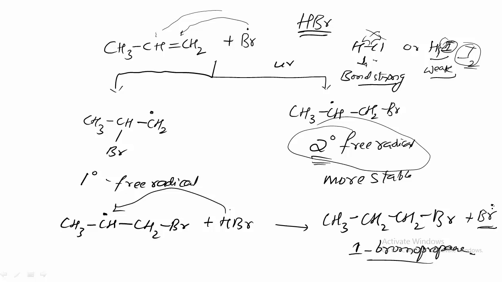Therefore, this peroxide effect or Kharasch effect is applicable only for addition of HBr to unsymmetrical alkenes in presence of peroxide. So remember, whenever they have given peroxide, then the major product is exactly opposite to the major product formed using Markovnikov rule. Okay, so remember this thing, very important for all reactions.